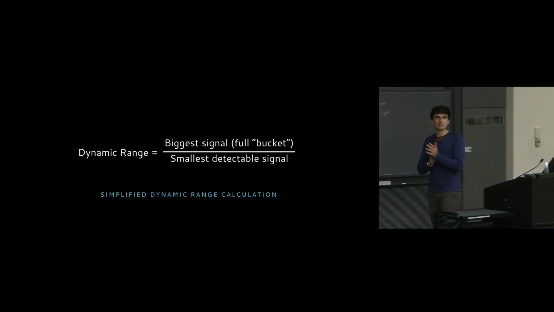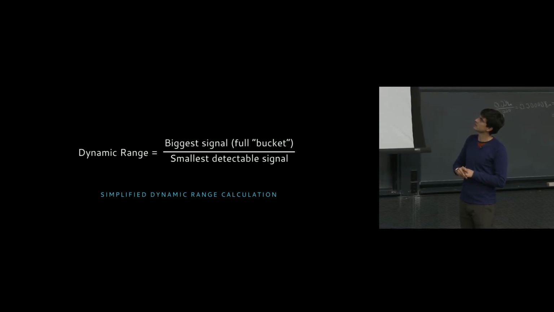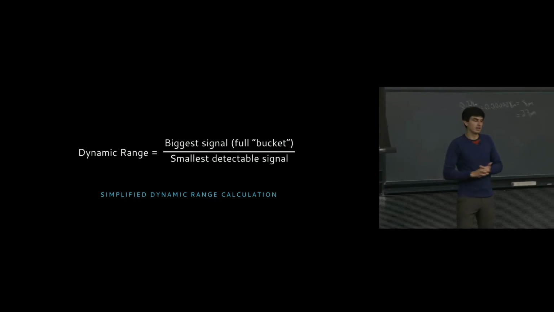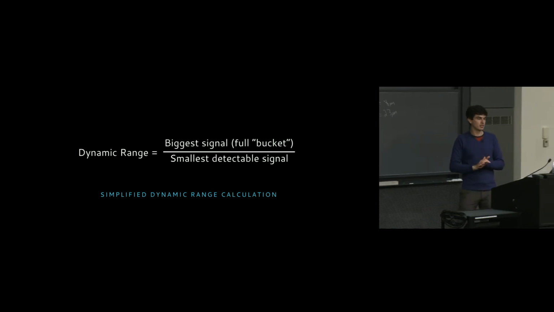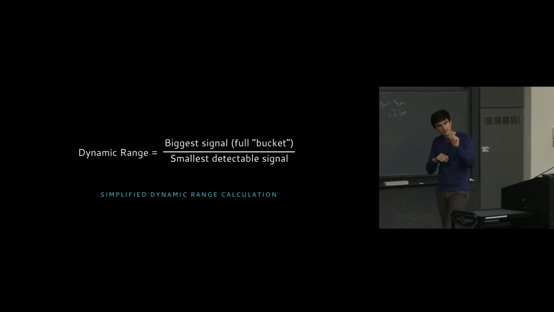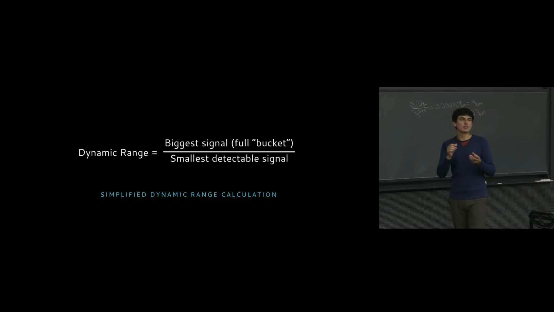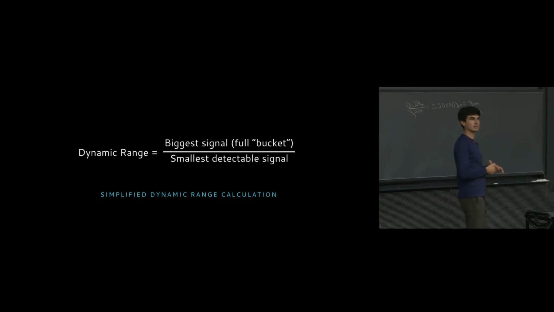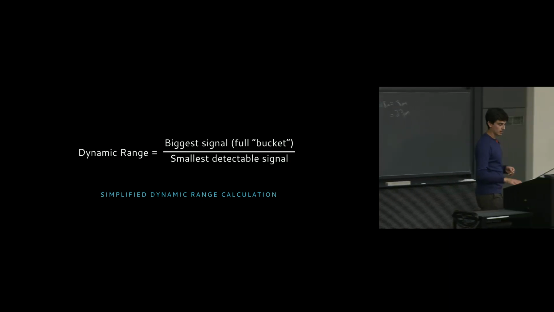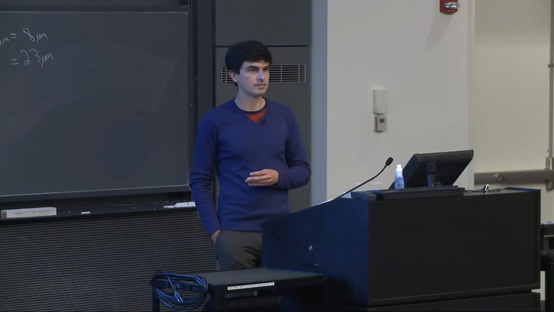Remember that the dynamic range is the biggest signal divided by the smallest detectable signal. So if our ISO 200 had a full bucket of half as much, the smallest detectable signal also goes down just a little bit. So the loss of dynamic range is not quite as bad as it might seem by this halving of values in order to achieve this ISO.